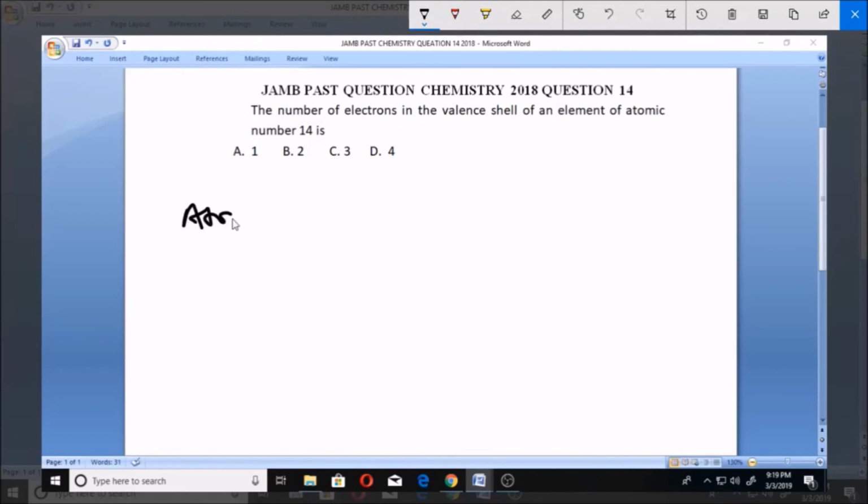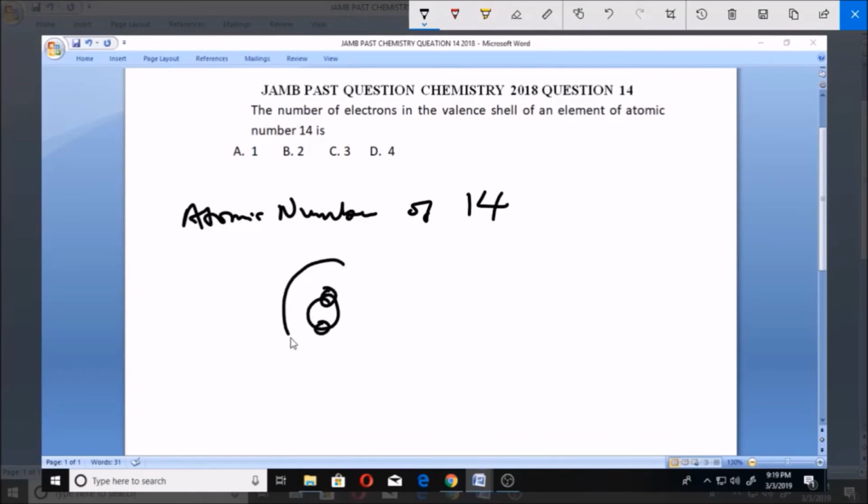So now you're given the atomic number of 14 and you're told to draw in order for you to find the number of valence shell electrons. So you have to have the first electron shell, which normally has just 2 electrons.